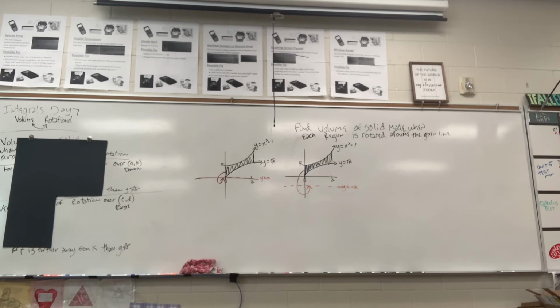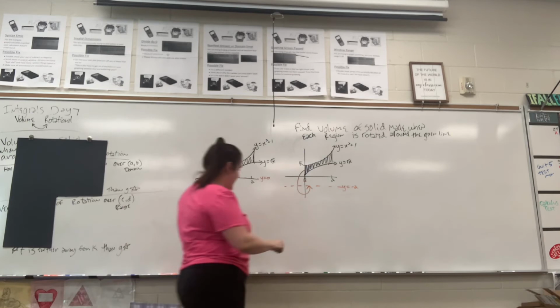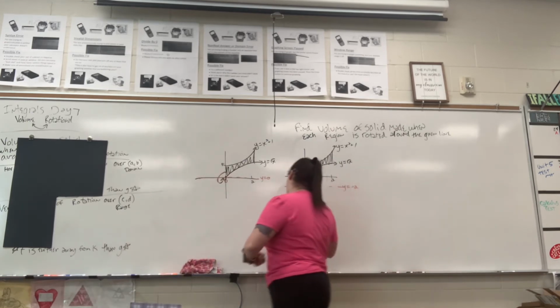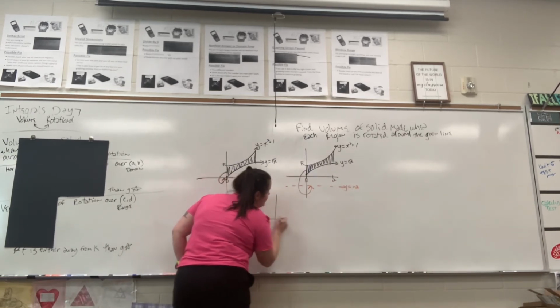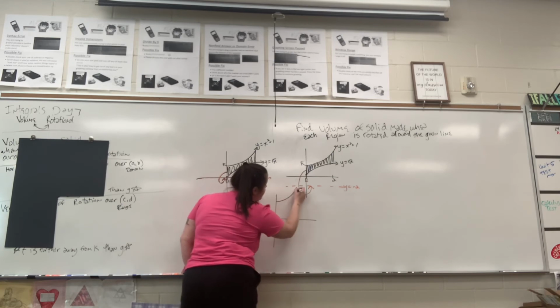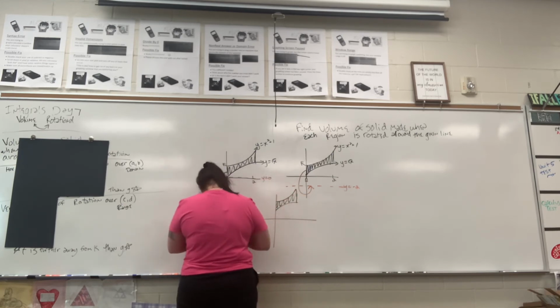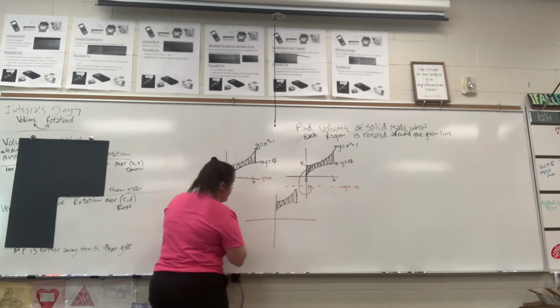So where do I want to shift this situation? To 0. Up 2. There we go. Because if I take this graph here, it's going to have exactly the same volume as if I took this whole situation and moved it up 2 and rotated it around the x-axis.